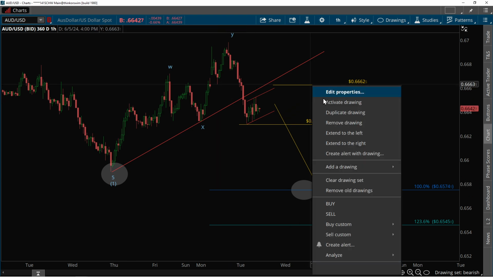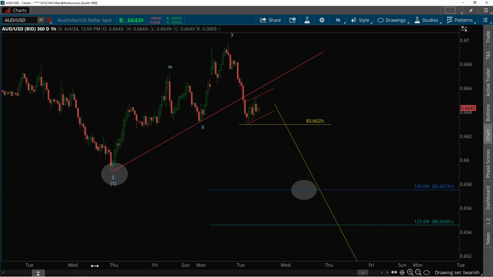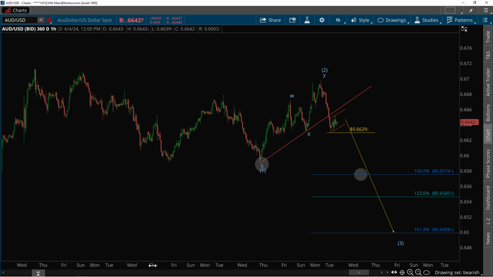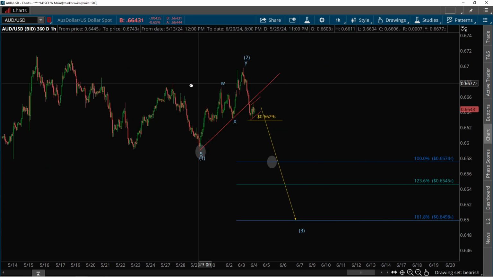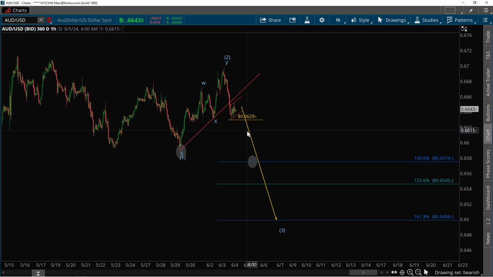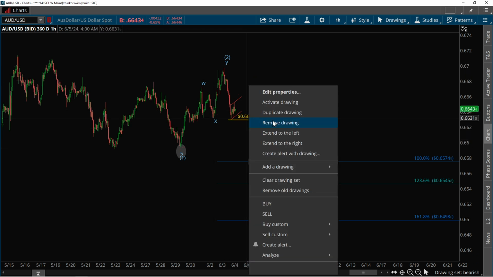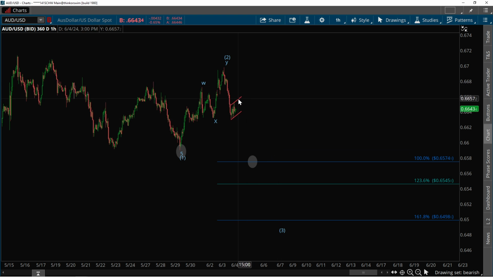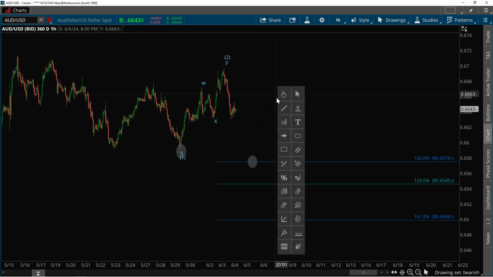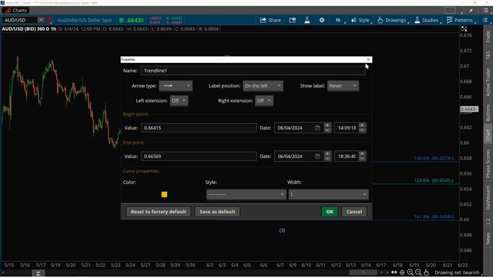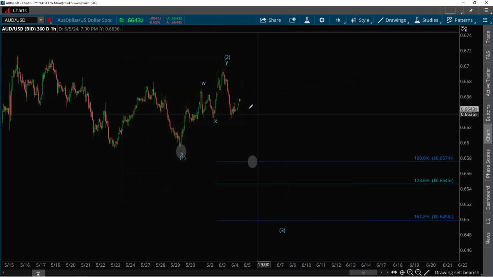All right. Now, I don't want you to think that's the only possibility. That's just one possibility. So, another possibility is you're going to build out a much larger X wave right here.